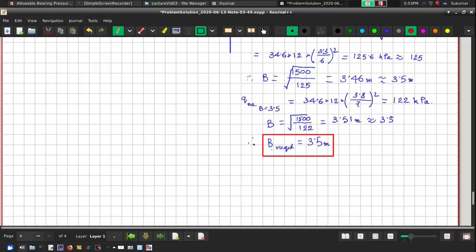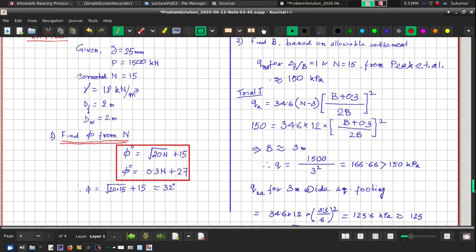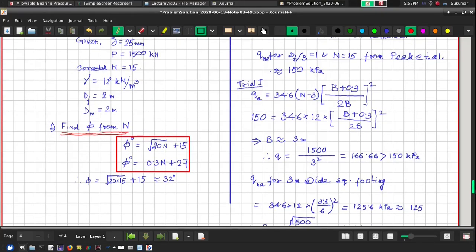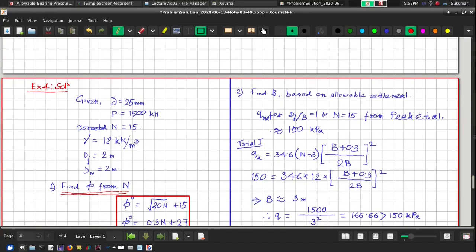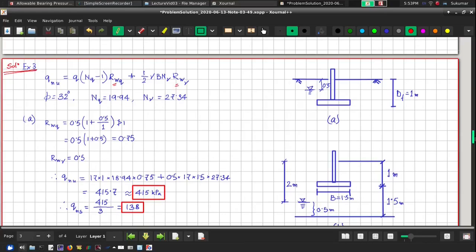What is the bearing capacity for the footing with this B in the given soil? Okay, and for that I will use the phi equal to 32 degree, for which by doing the linear interpolation between local and general shear failure, we have already got the values of NQ, N gamma, etc. I think you remember.